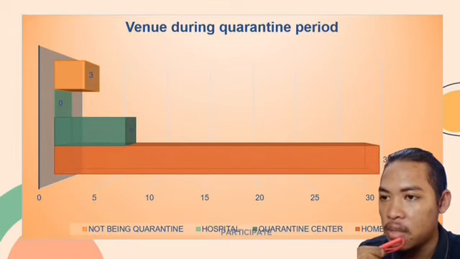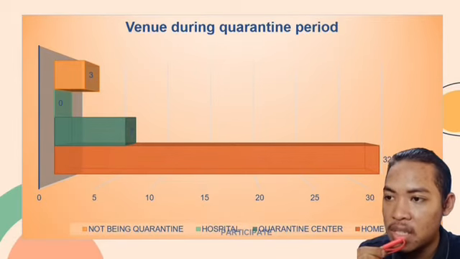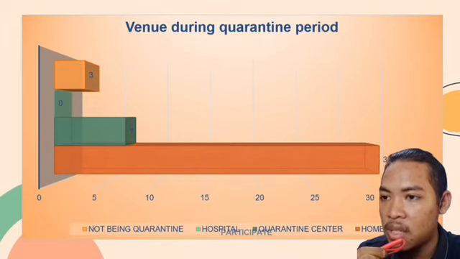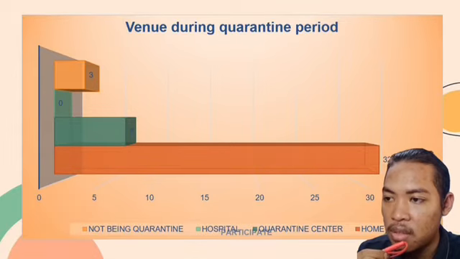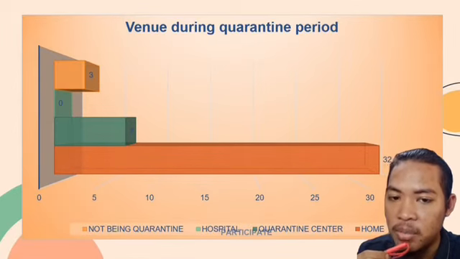This graph shows the highest number of participants quarantined at home, and the lowest in the survey is 0, which means they were not quarantined in hospital.